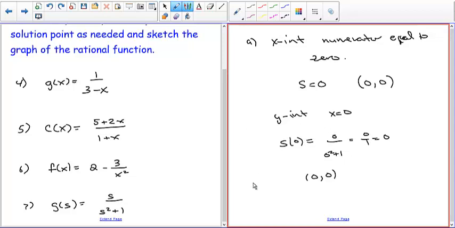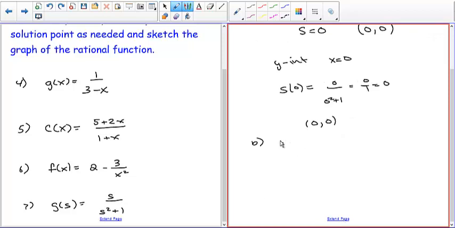Okay, B, vertical asymptote. So the vertical asymptote is when the denominator is 0.